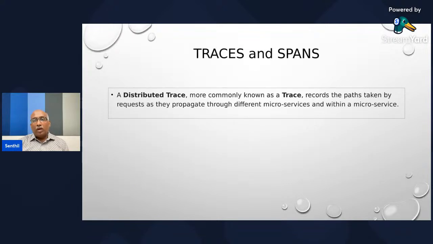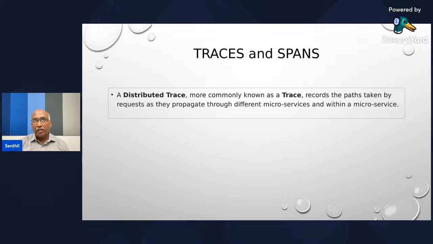Right. Now let's get into some of the concepts that you will come across in OpenTelemetry. So first of all, there is this notion called trace. Okay. So what is a distributed trace, or more commonly known as trace? It actually is something that records the paths taken by requests as they propagate through different microservices.